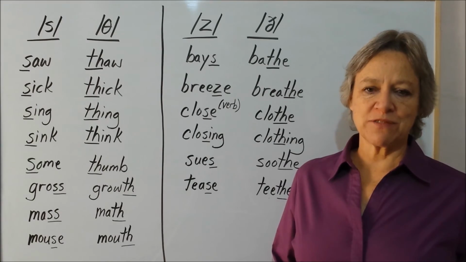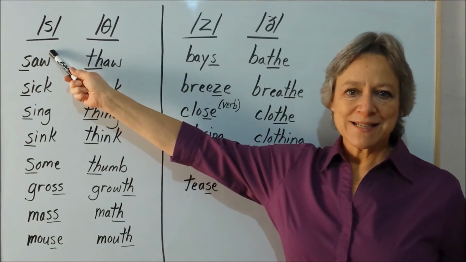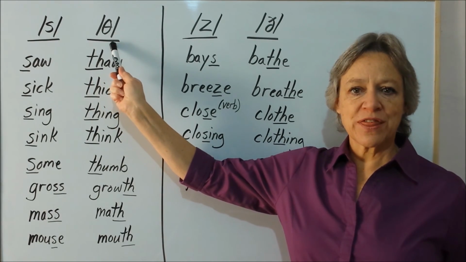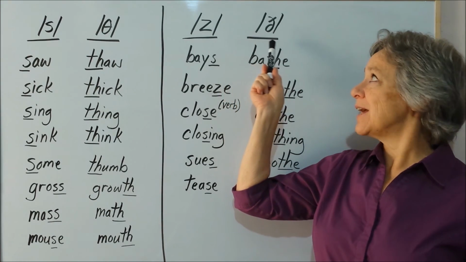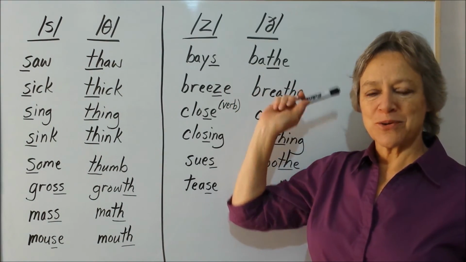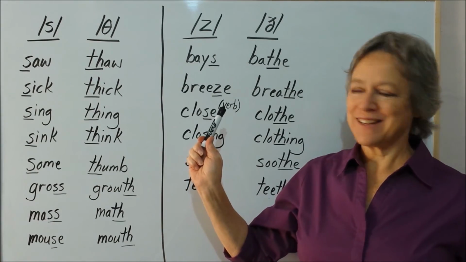Some people have a little bit of difficulty distinguishing between the two voiceless sounds S and F, and the two voiced sounds Z and V. So I'd like to practice some words using those different sounds, okay?